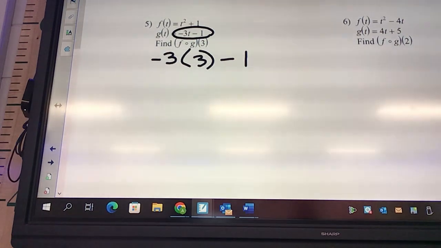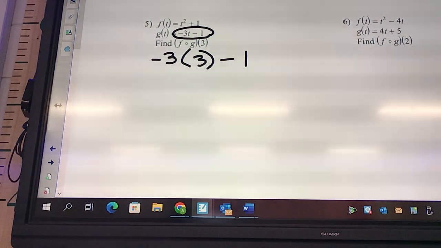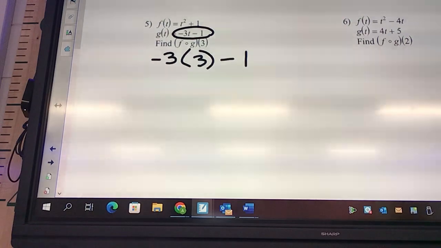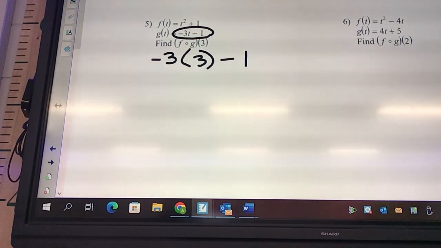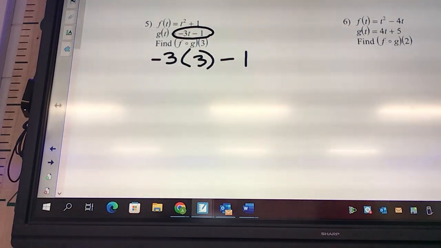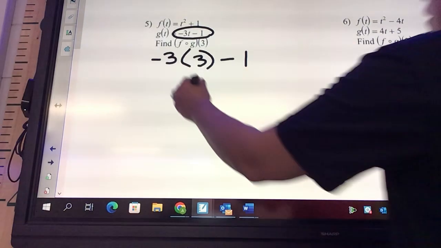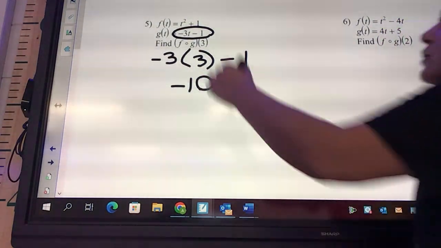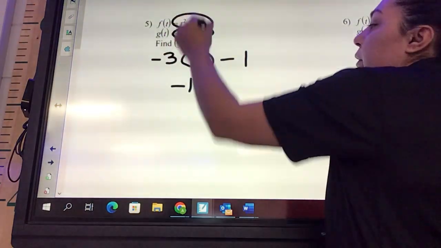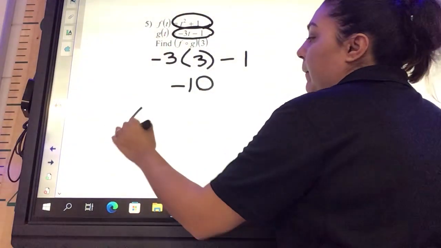Get a calculator. Negative 10, somebody agree? Okay. Now what? Put it in F. So everywhere on the F, I'm putting in what?